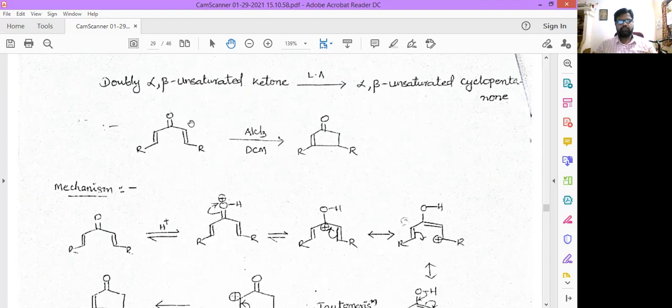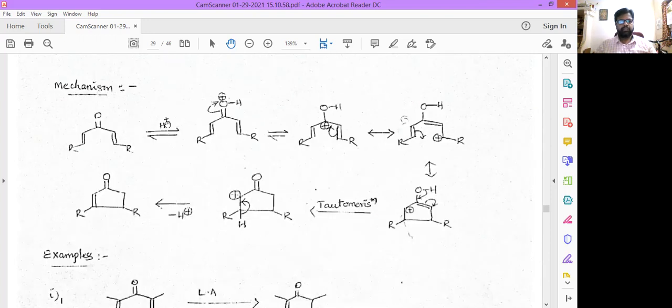The cyclization is done in presence of DCM and aluminum chloride, AlCl3. This is the mechanism of how it goes. The ketonic oxygen interacts with the acid and the carbon attached to the oxygen will bear the positive charge. For this positive charge, the adjacent double bond will move towards the carbon attached to the oxygen.